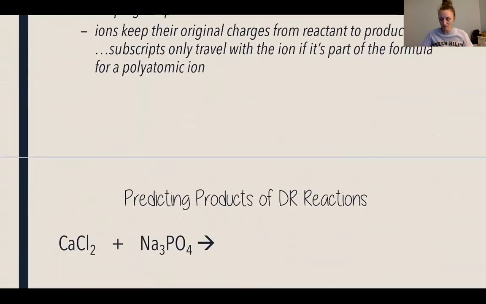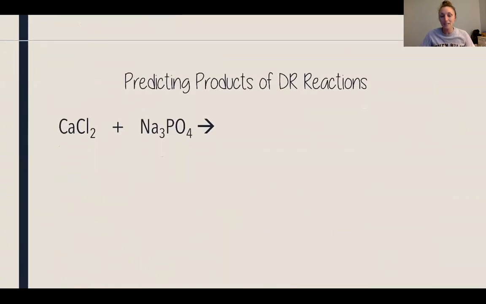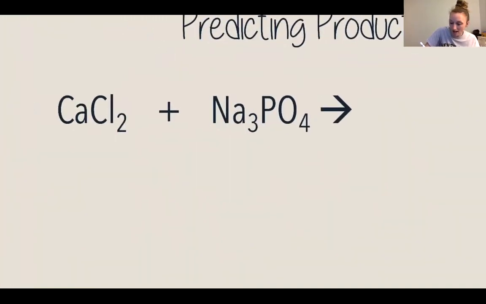I apologize. All right, let's go through and predict the products for this double replacement reaction. So combine the inner, combine the outer. So I'm going to focus in here. I'm going to split these things up into ions. So I'll write what the charges are.